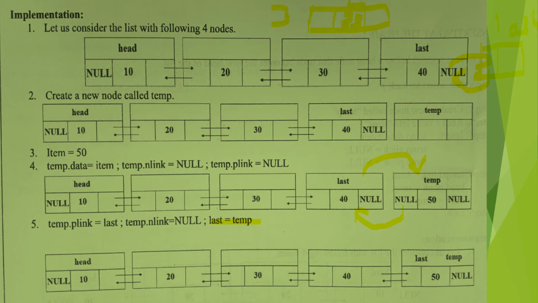So simply change this element's plink address to this new node's address. Simply change the address of the nlink in this element and the address of the plink in the new node. Similarly, the address of the nlink in the new node and the address of the plink in this node.